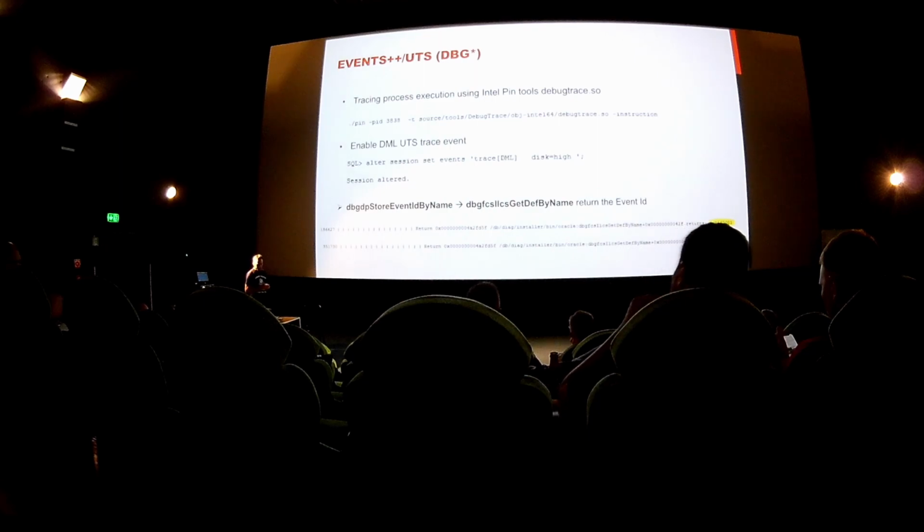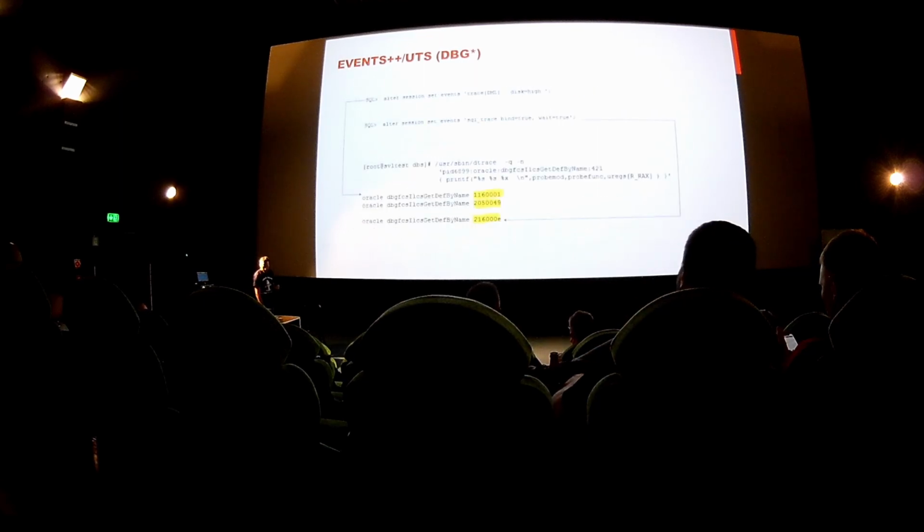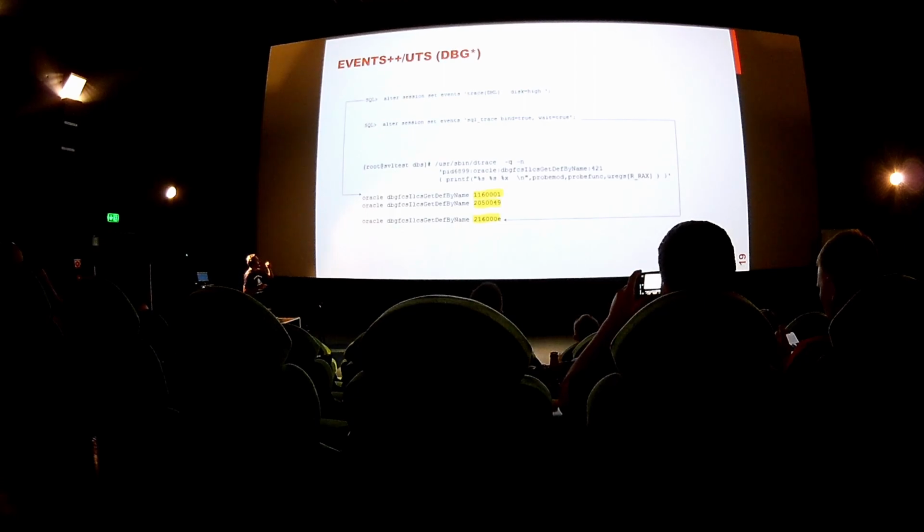So all we have to do is enable all the event plus plus events that we have in our Oracle database, and using a small dtrace script, we can get the return value of the function, which is actually the event ID. If I enable, for example, the tracing for DMN compound, I have the actual event ID of the trace event and the DMN compound, and for SQL trace, I have the event ID of the SQL trace.